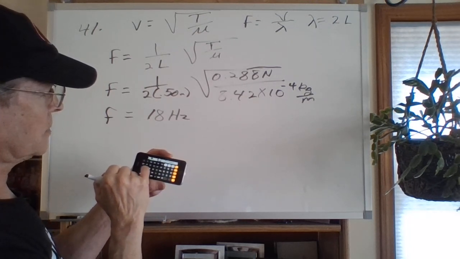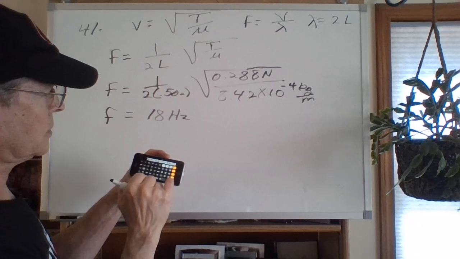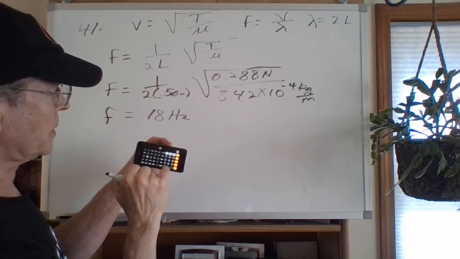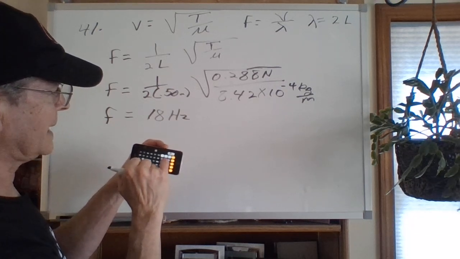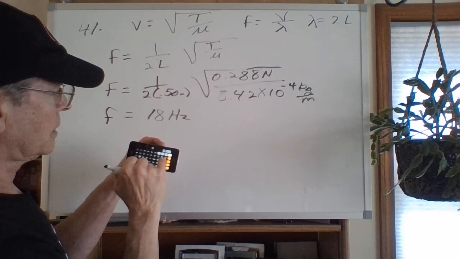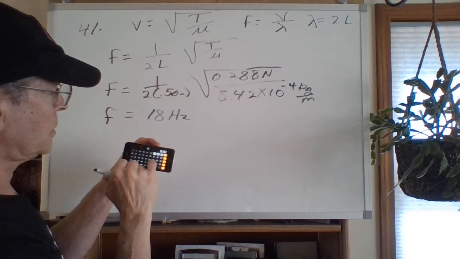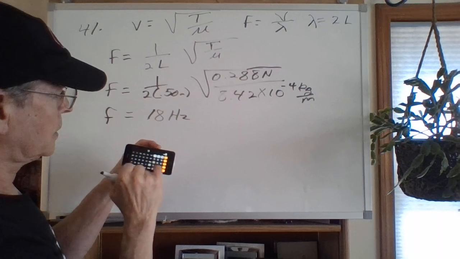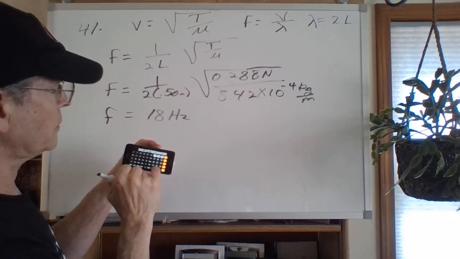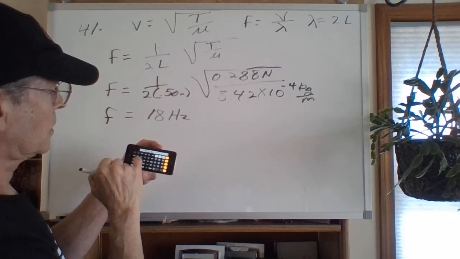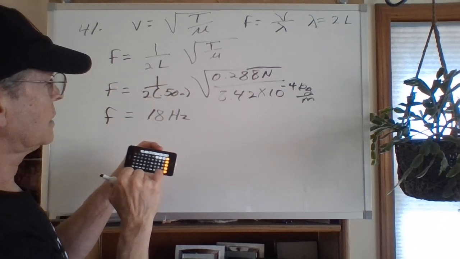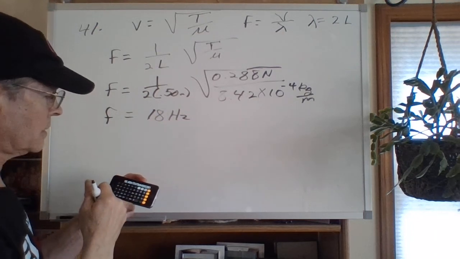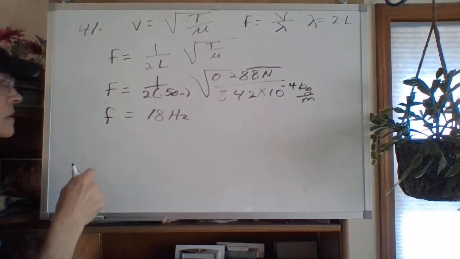Oh, that's not what I got last time. Square root of that equals. Okay, try it one more time. 0.288 divided by 8.42, enter exponent negative 4 equals 342. Square root of that, 18, divided by 2 times 0.5, which is 1. Yeah, 18 to 2 significant figures.